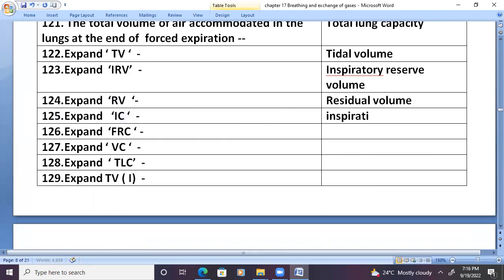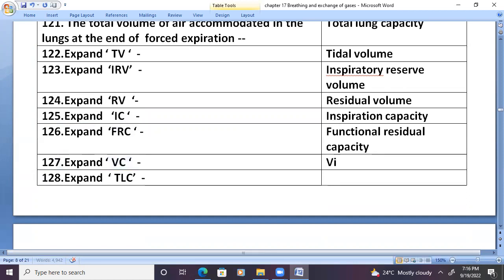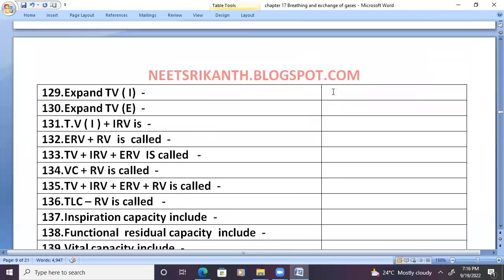FRC, functional residual capacity. VC, vital capacity. TLC, total lung capacity.